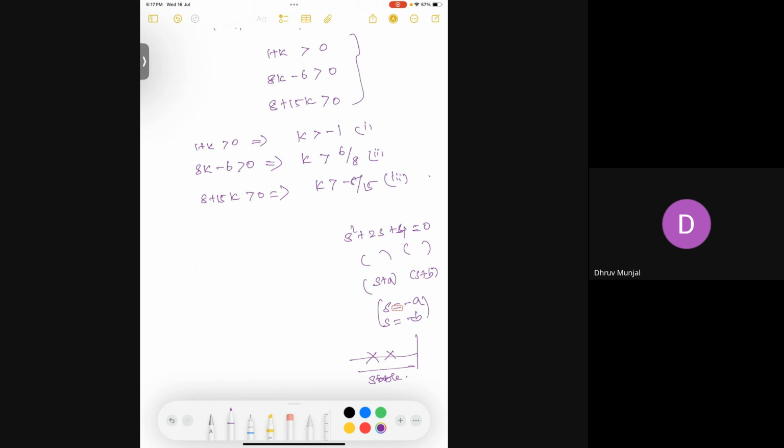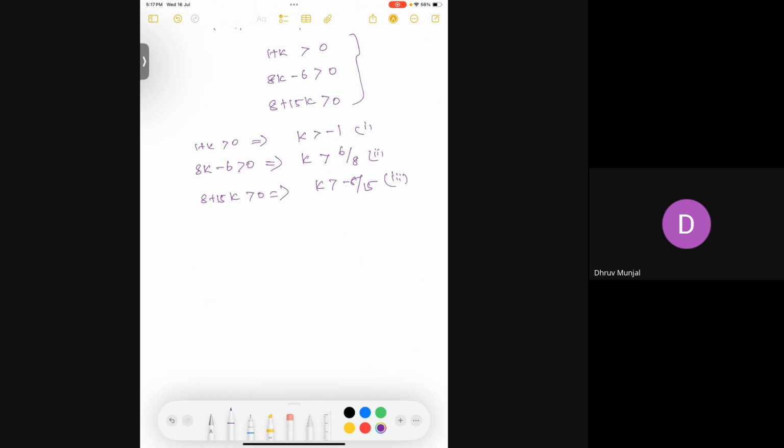If you have something like a minus sign here, then sometimes you will get s plus a, s minus b, or s minus a, s plus b. So this will keep at least one pole on the right half of the s plane, so your system will be unstable. That's why, for a second order system, all your coefficients should be greater than 0, so that you get negative roots that lie in the left half of the plane, which in turn makes your system stable.